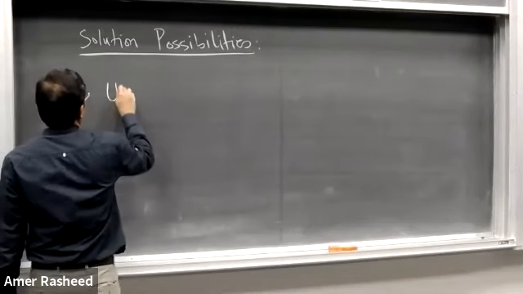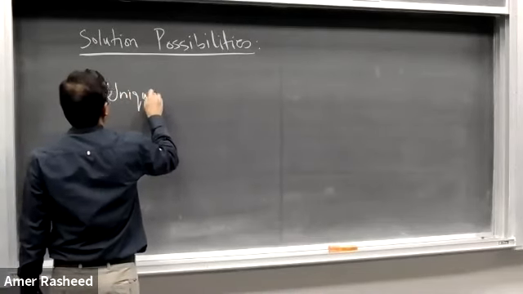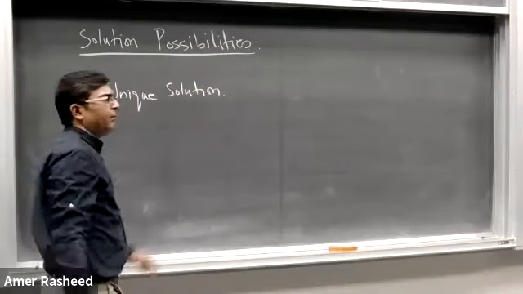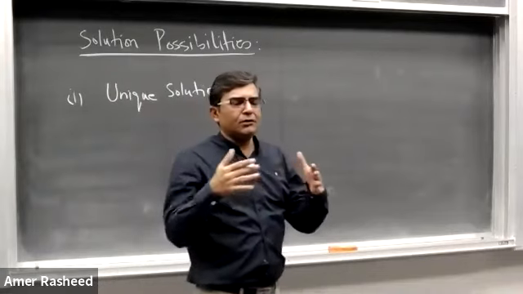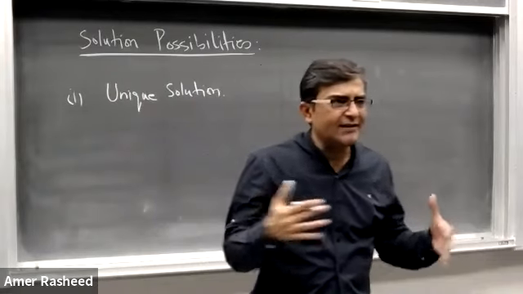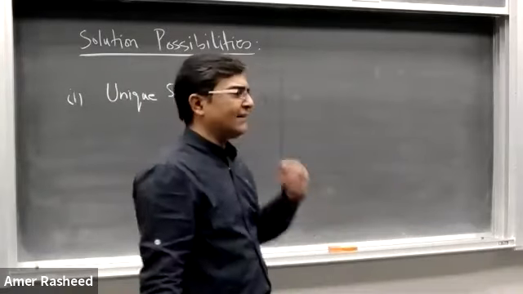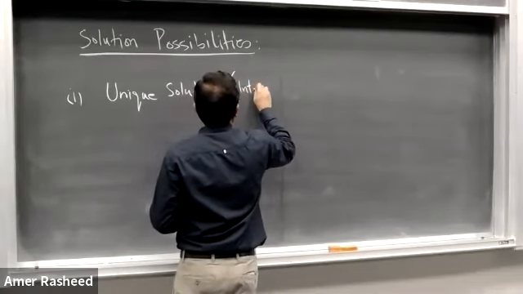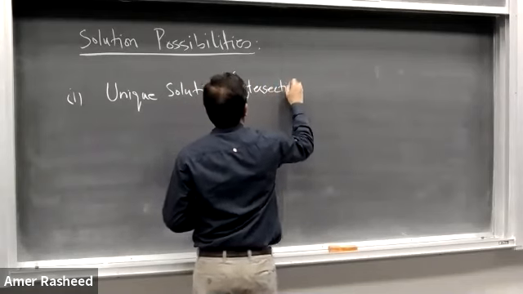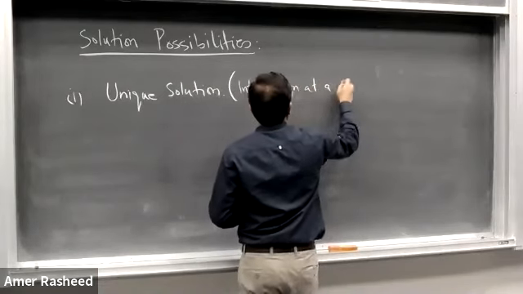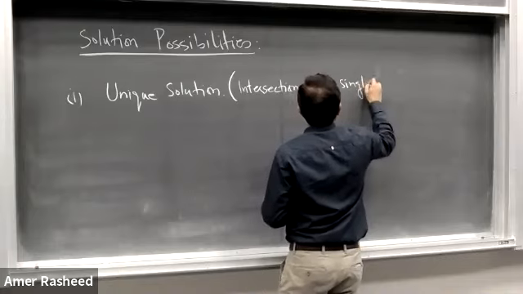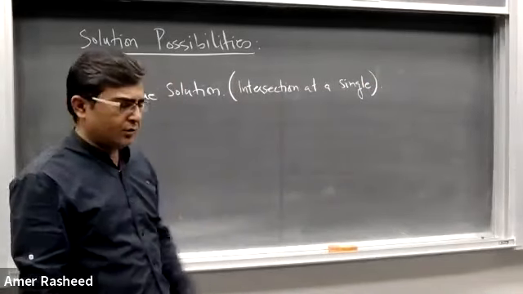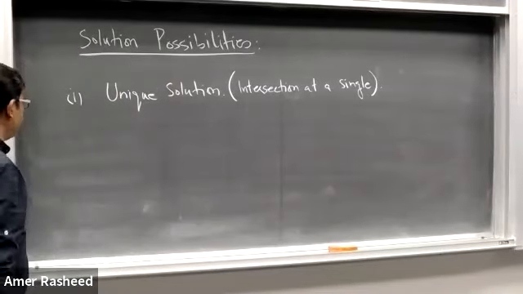Number one, we can get a unique solution. Unique solution means the two lines are intersecting at a single point, and that solution is called the unique solution of that 2 by 2 system.